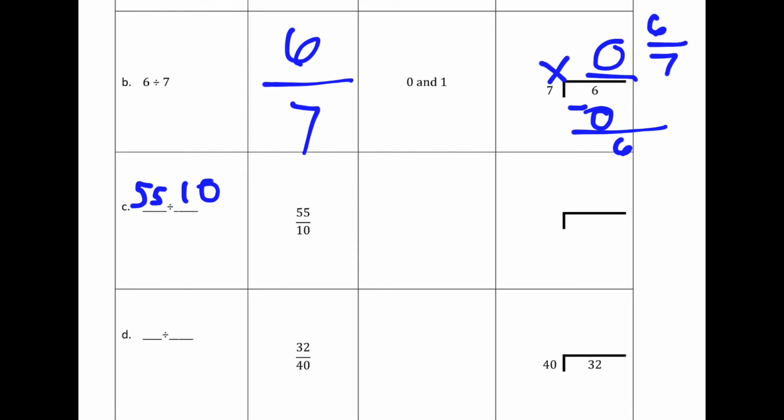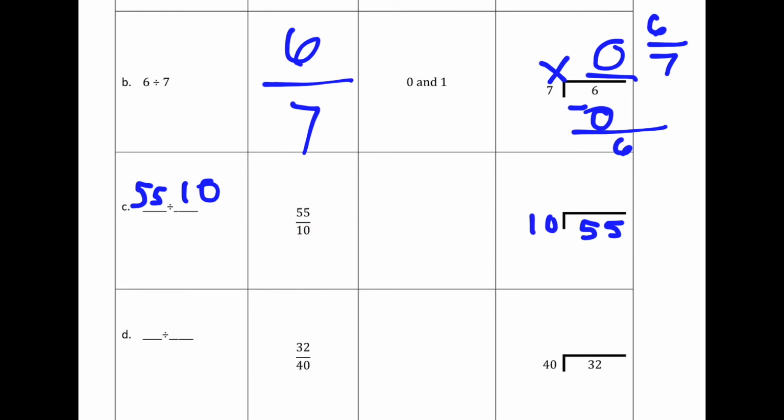That is our division expression. Okay? We're going to move on to standard algorithm. Remember, what number goes inside the box? The top number. And what number goes outside of the box? The bottom number. Okay?